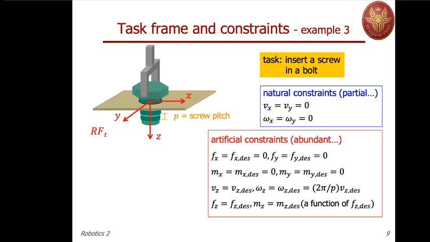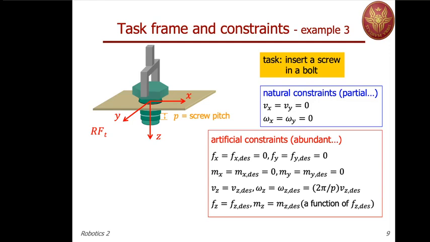So indeed, we can push the screw on the side of the bolt in x direction and y direction, and again try to rotate the bolt around the x and y axes, but this will not be possible because there will be reaction forces and a moment that will oppose this type of motion.